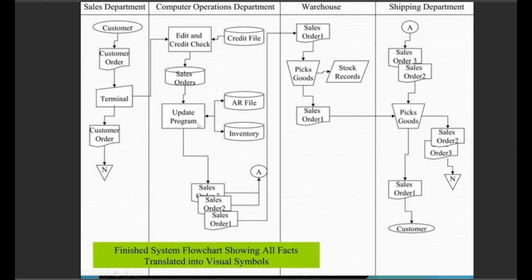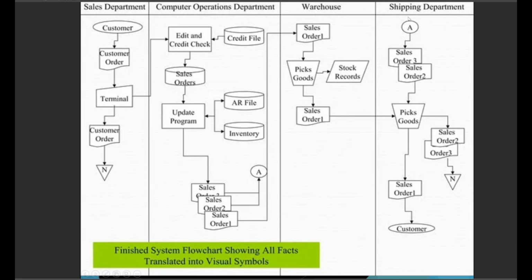Okay, and in here, in the computer operations department, after updating the program for the sales order, it will create a sales order having a connection between the warehouse and shipping department. So we still have the on-page connector here, meaning this happens simultaneously with this starting point of the shipping department.